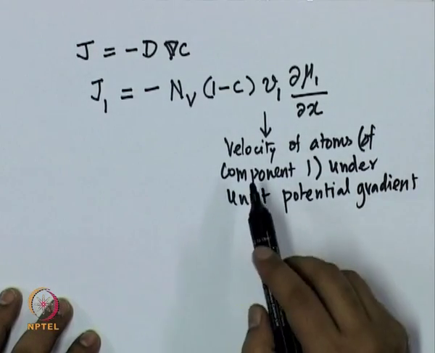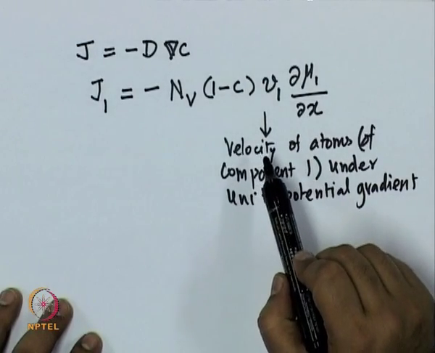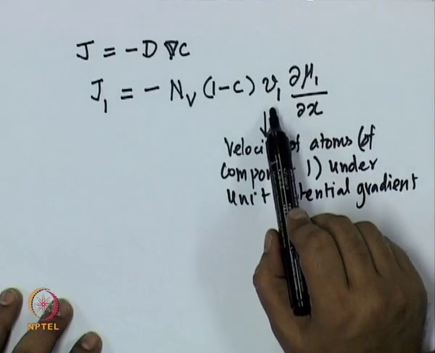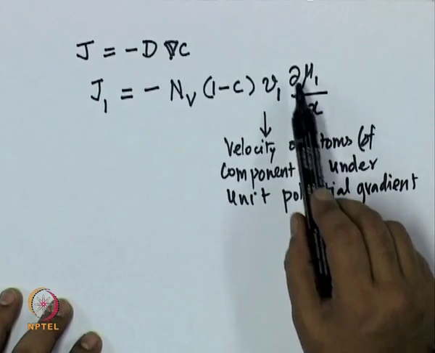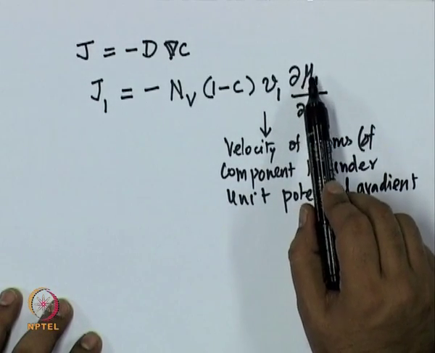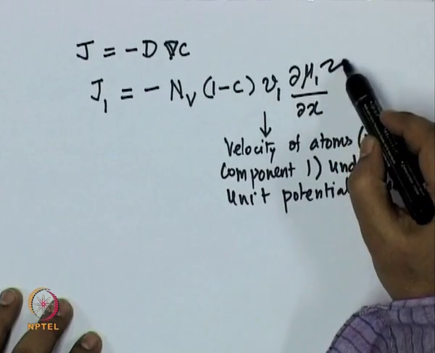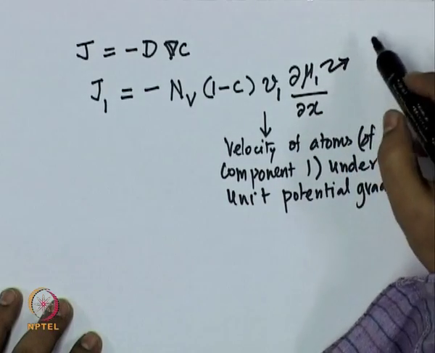So, per unit potential gradient, what is the velocity of type 1 atoms, that is V1. Dou mu 1 by dou x is obviously the gradient of the chemical potential mu 1. Mu 1 is the chemical potential per atom.